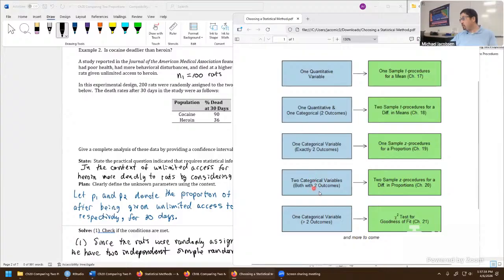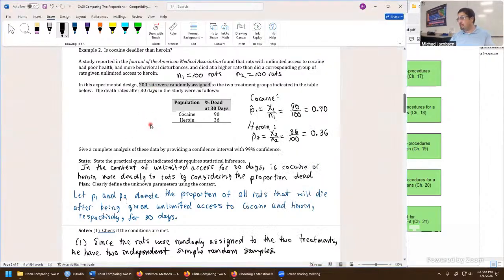But the other categorical variable, also with exactly two outcomes, is what population do they belong to, the cocaine or the heroin? Which parameter are we talking about? So that's what the second categorical variable is controlling, the fact that there are two independent populations, and it just tells us which population each of the 200 rats really belong to. So we pass on that side.